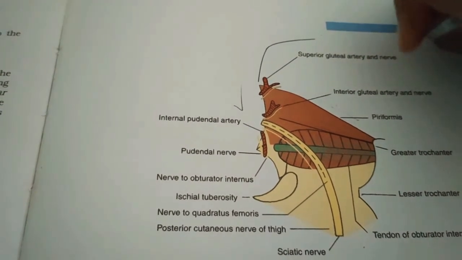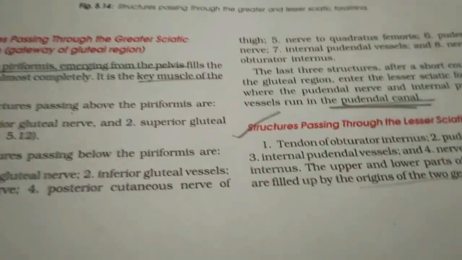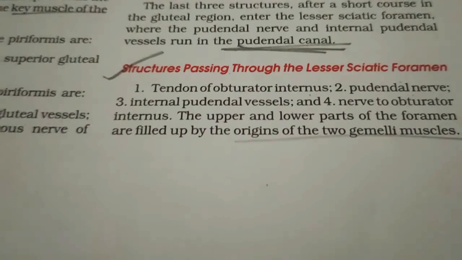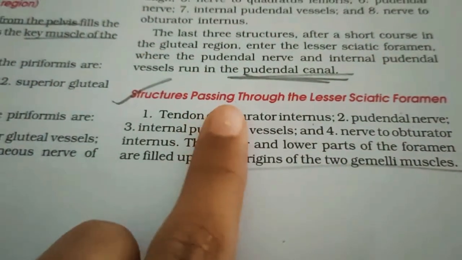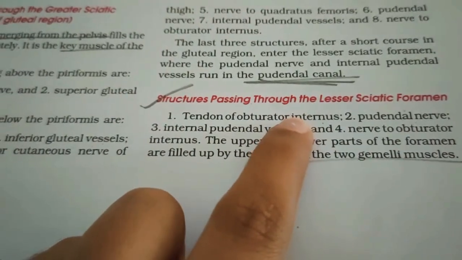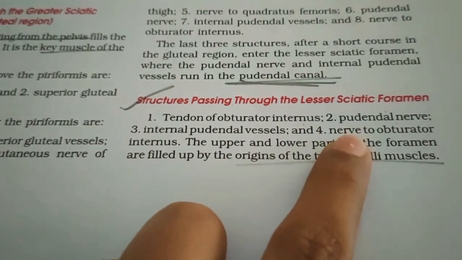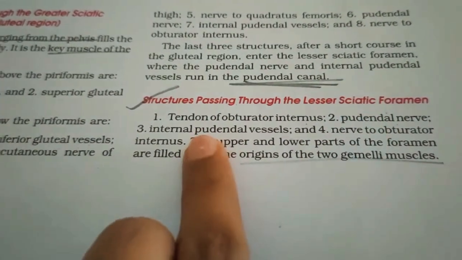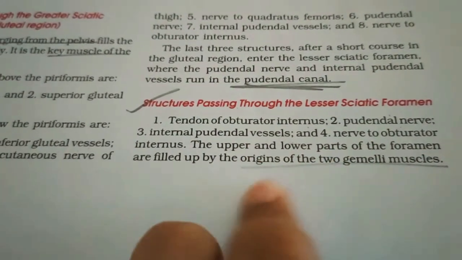Okay, so this is all about the greater sciatic notch and lesser sciatic notch. Here in this text you can clearly see the structures passing through the lesser sciatic foramen: obturator internus tendon, nerve to obturator internus, pudendal nerve, internal pudendal vessels, and two gemelli.